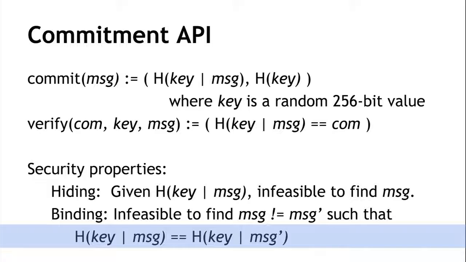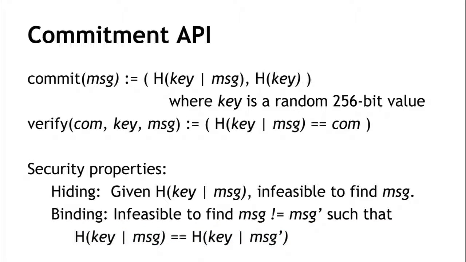Okay, so now what these properties become, the first one is given H of key concatenated with message, it's infeasible to find message. Well, it turns out that that's exactly the hiding property that we talked about before. Key was chosen as a random 256-bit value, and therefore the hiding property says that if we take the message and we put before it something that was chosen from a very spread out distribution, like I said, a random 256-bit value, then it's infeasible to find the message. So this is exactly the hiding property.